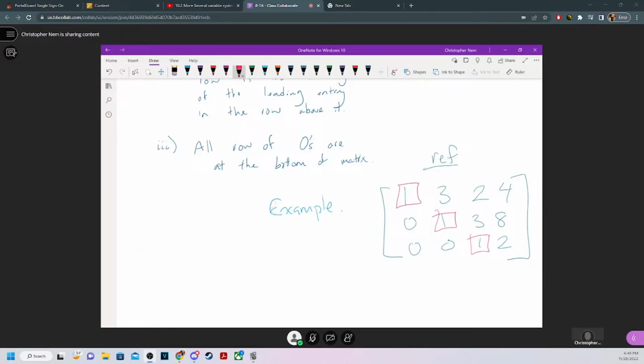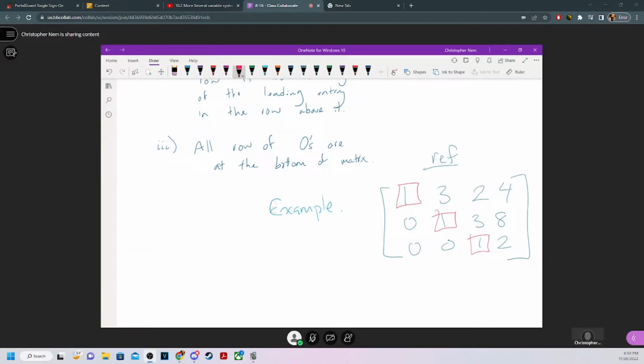We cannot consider 0 as a leading entry. There are no rows full of 0, so this is already satisfied. Moreover, as I'm going down the rows, the leading entries move to the right, and that's where my next leading entry is. So this is row echelon form.